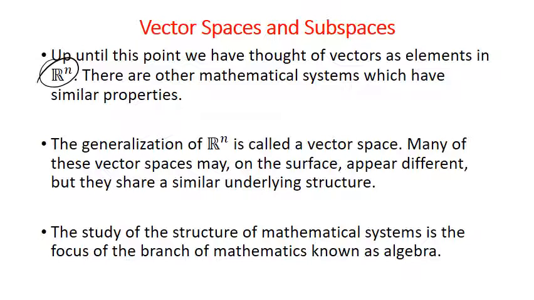But I want to remind you that Rn is called a vector space, and they could appear to be different, but if you take a closer look, they could be similar, and vice versa. So this is going to be a bit abstract, so just bear with me as we go through this material.